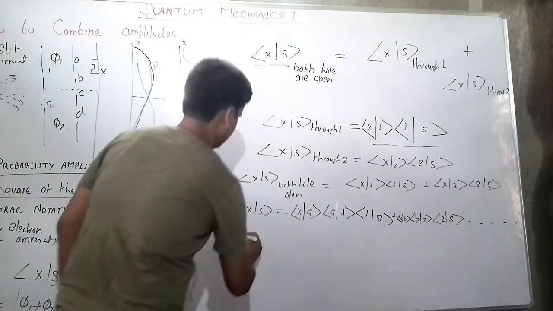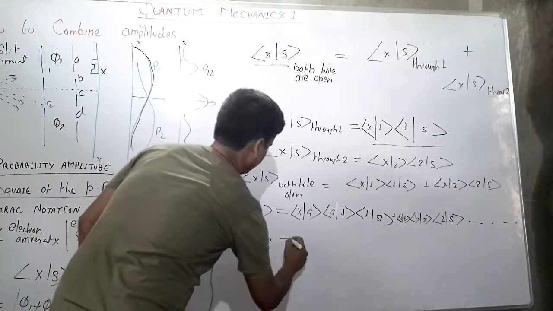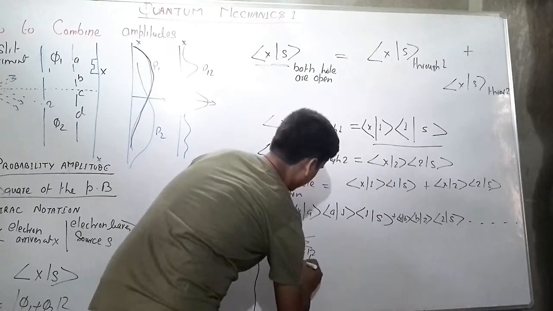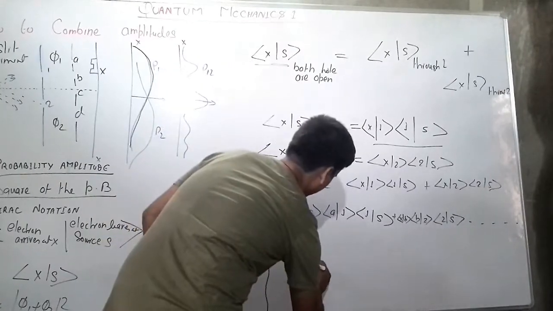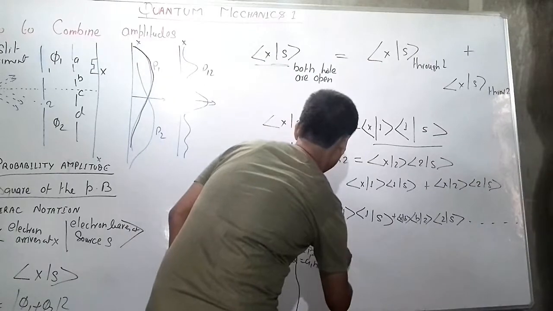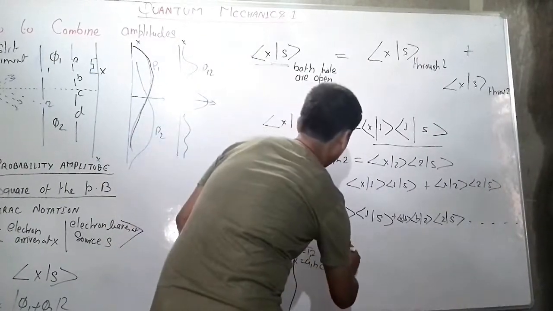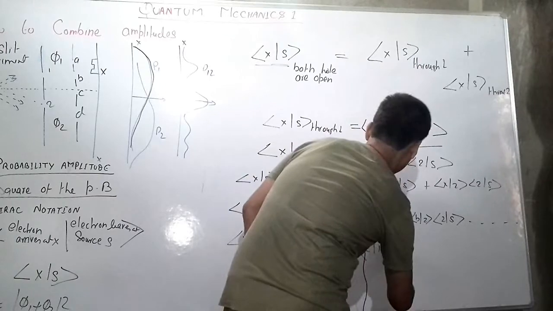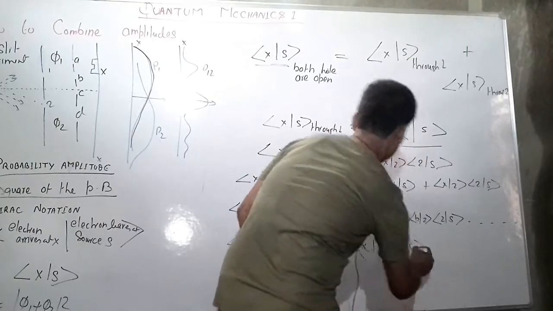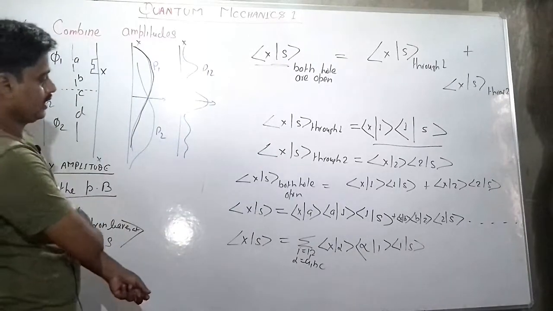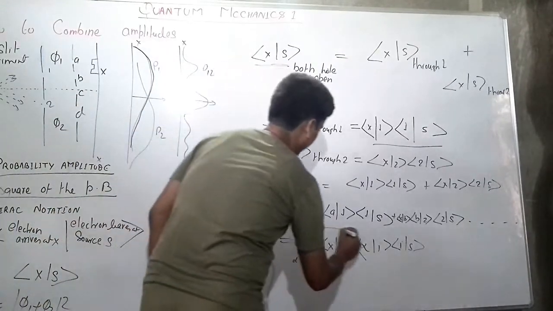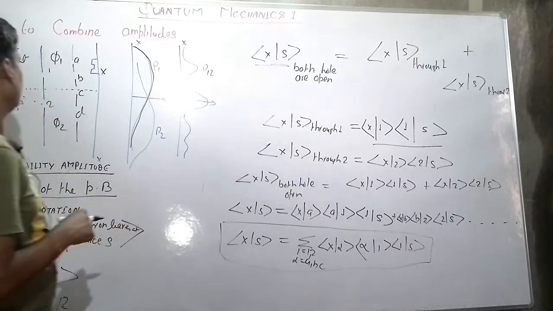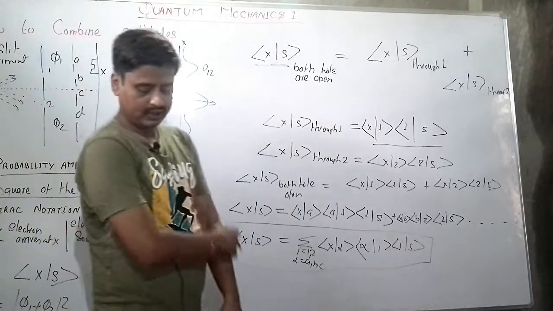So we can use the summation convention, where i equals 1 and 2 and alpha equals A, B and C, and we can say that the amplitude is the sum of X alpha, alpha i, and i S. This is how we can write the probability amplitude for multiple paths, and this is by using the superposition principle.